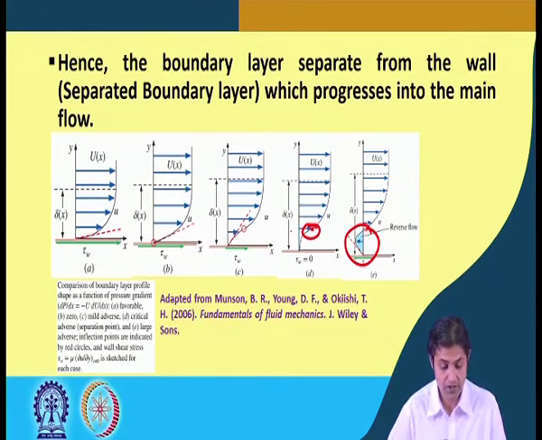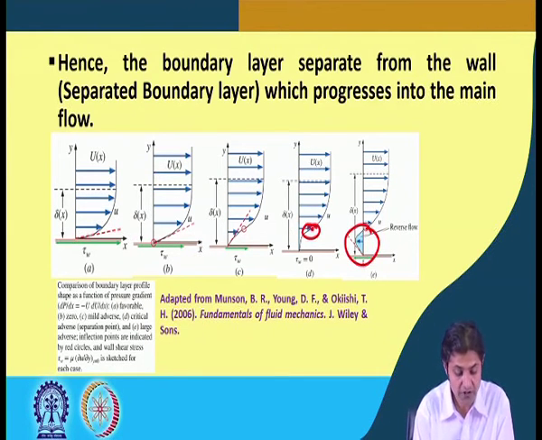All right. So, comparison of boundary layer profile shape as a function of pressure gradient. dP/dx is minus rho U dU/dx. A is the favorable case, you see. B is 0, this one.